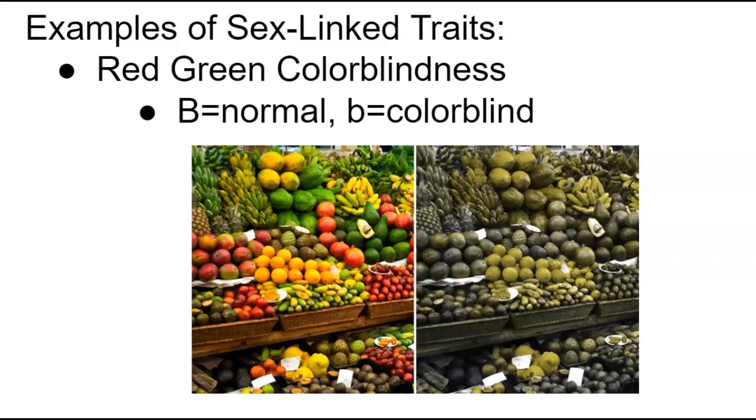Again, you can always use whatever letters you want, but just know that the capital letter is going to be normal for all of these conditions that are sex-linked. The lowercase letter is going to be the condition. So in this case, it will be colorblind. So I won't take off points if you use a different letter. If you like A or D or whatever, that's totally fine.